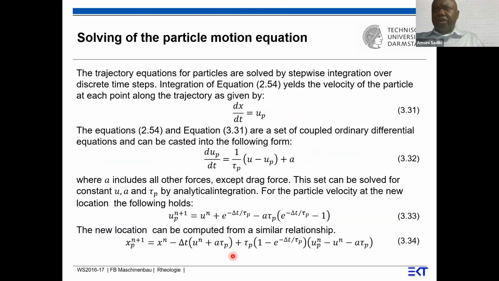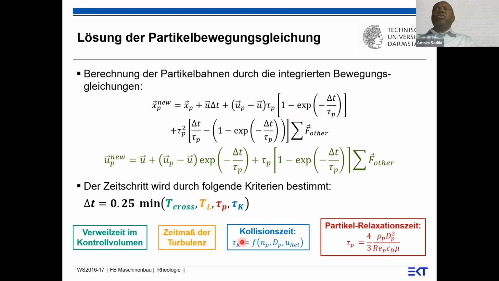This tau square is this term here when we include it in a correct way. And we obtain this expression plus the other forces, which we have put there as A.